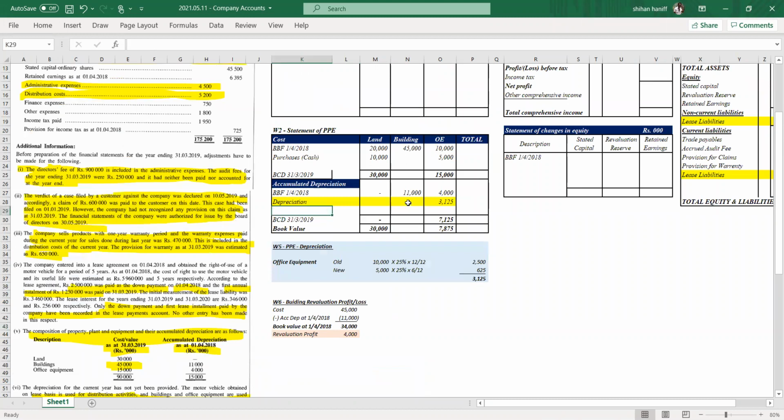So what you do is this 11,000 first will be transferred to the cost account, on the building account. 11,000, and this is actually against the additions.